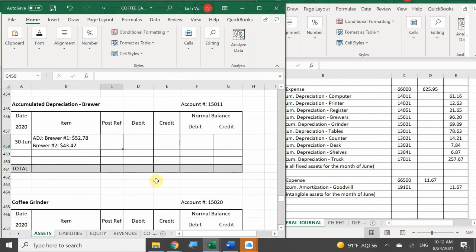Okay. So then again, depreciation expense was the General Journal 23 for a total of 52.78 plus 43.42, which gives me a total of 96.20. Okay. Which once again is going to be the same as your account balance.